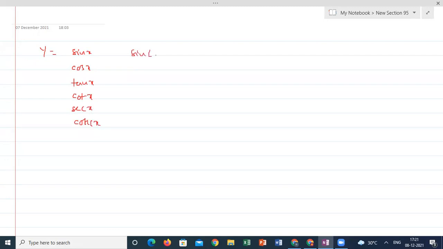Sin of minus x will be equal to minus sin x. So that is equal to f of minus x will be equal to minus f of x, which is called odd functions. Correct? Because minus x will always be in the fourth quadrant. So when I'm defining the odd functions, the minus x says it is always in the fourth quadrant.